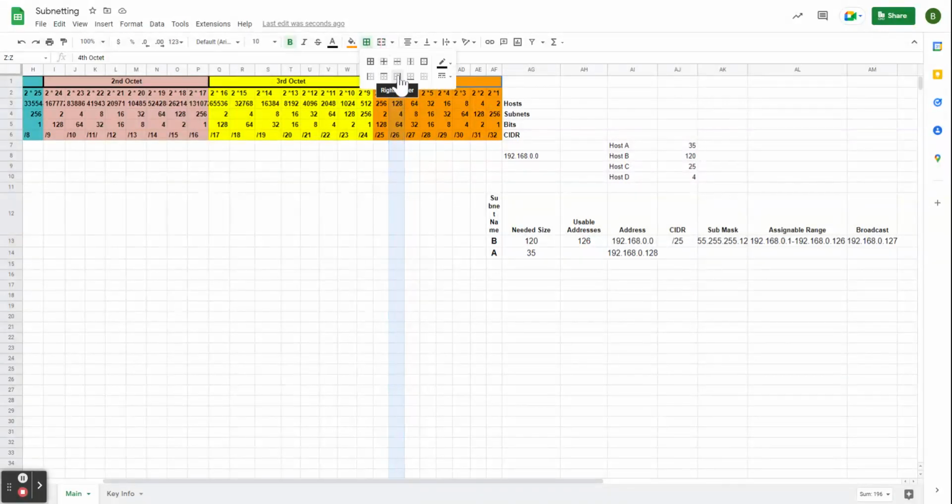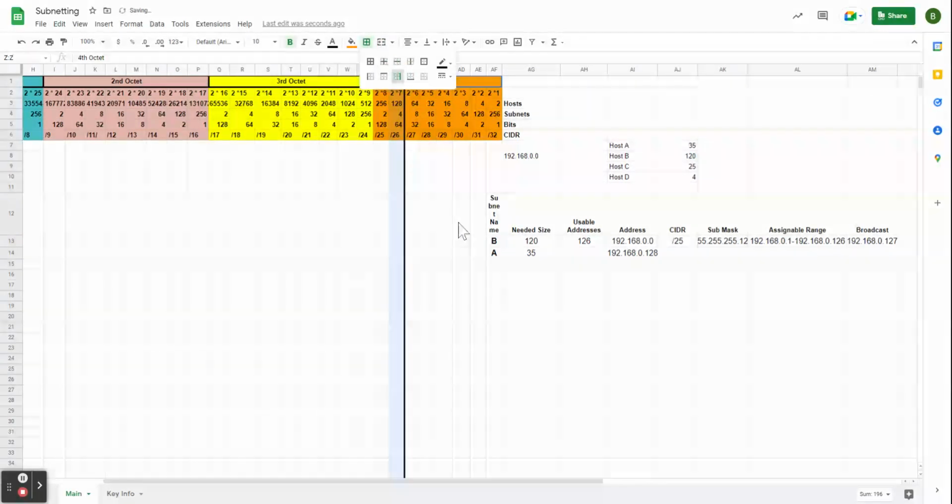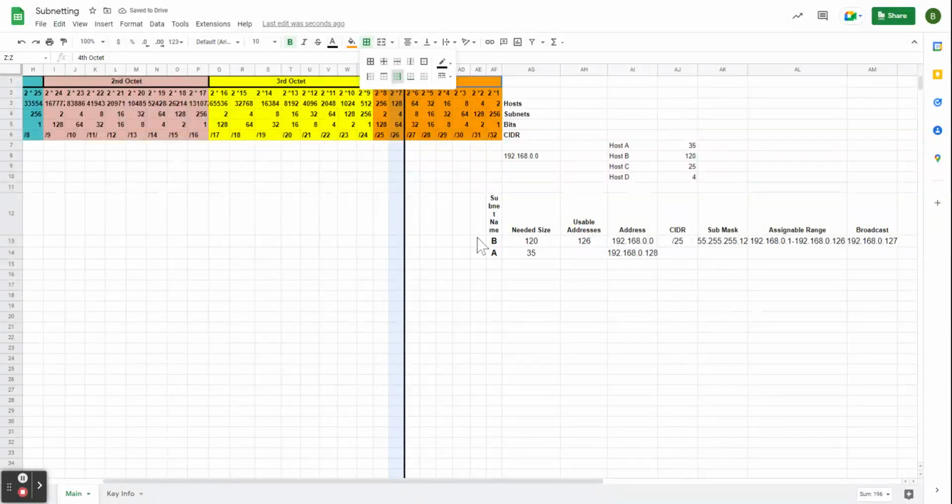Okay, so I'll draw my line. CIDR notation is going to be a /26. Usable address is 62, so it's 2 minus this number here. The new subnet mask is just simply adding these two numbers to your default.